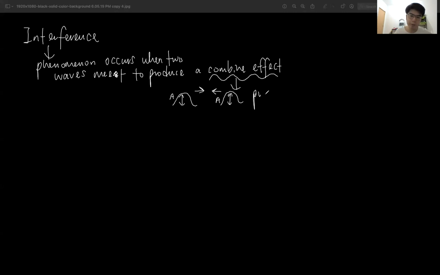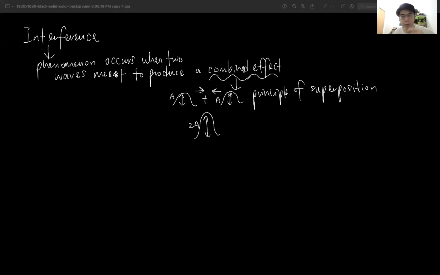The principle of superposition says that to find the combined effect, we add the amplitudes together. So this one plus this one, you get a double amplitude, 2A. This method of finding the combined effect is based on the principle of superposition.